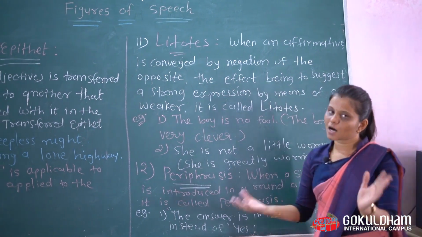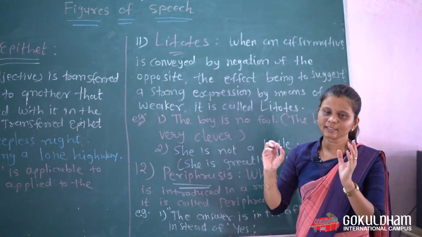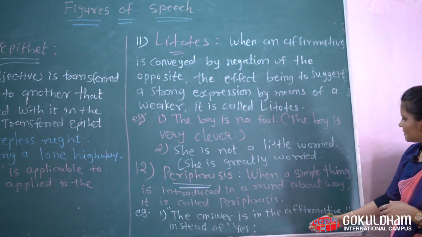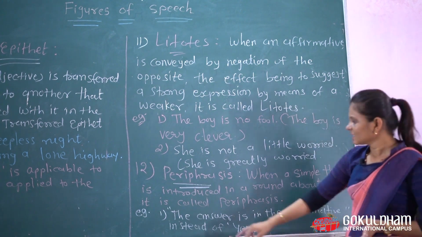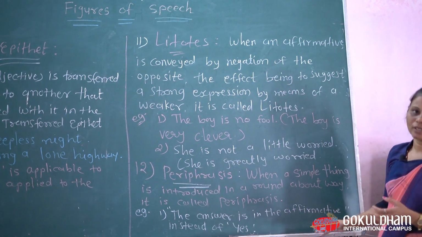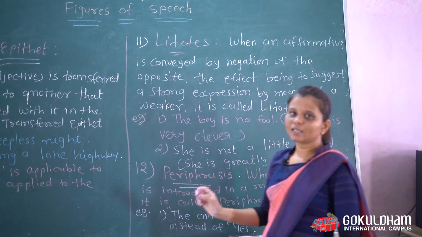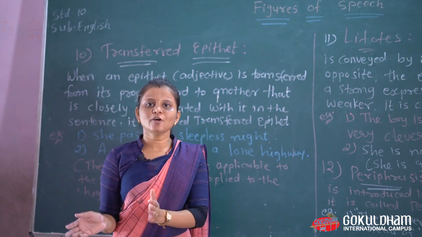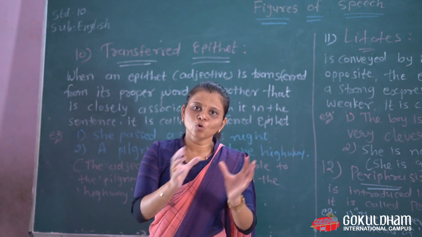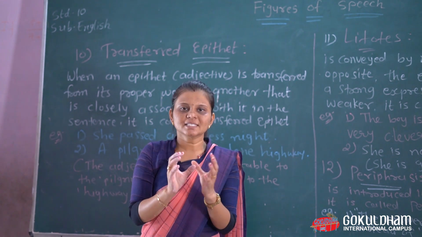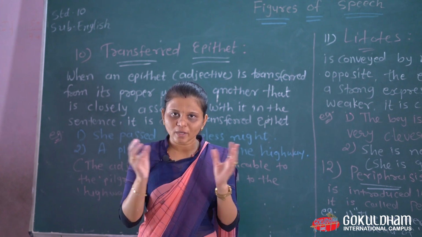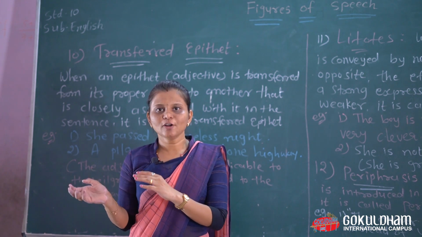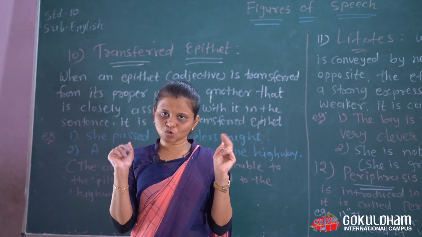You can use yes, that is good, short and complete, but still you can show it in a round way. In the same way, the answer is in the negative instead of no. Another example is the conqueror of the Antarctic instead of Captain Scott. So who won the Antarctic? Conqueror means winner here. So they use the conqueror of the Antarctic instead of the name of that person, Captain Scott.